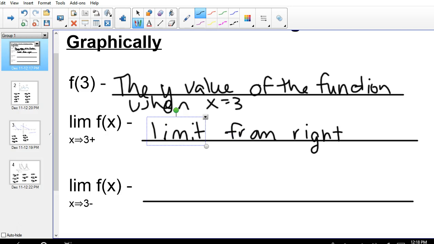If it was from the right, you picked the numbers that were bigger than whatever number it was, and you got closer and closer this way. If it's from the left, you would start over here and go this way. If you have the negative, that's the limit from the left.